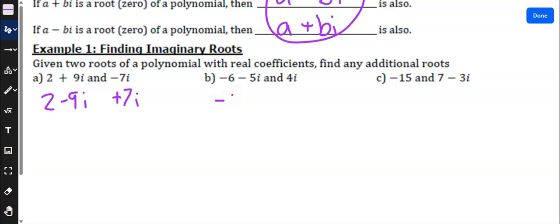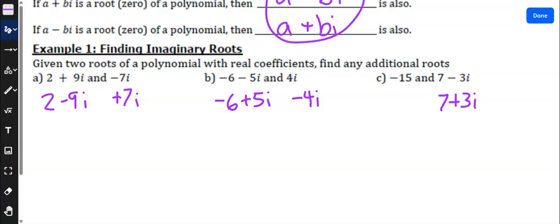On b, we'd have negative 6 plus 5i. For 4i, it would have negative 4i. 15, negative 15, does not have an imaginary value, therefore it doesn't have any counterpart that goes with it. 7 minus 3i would have its counterpart, 7 plus 3i.